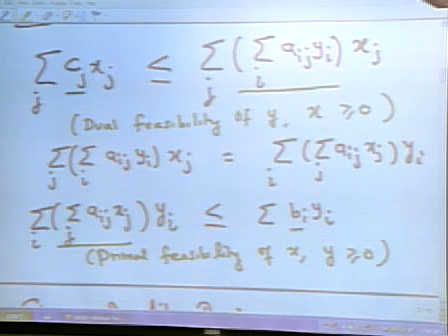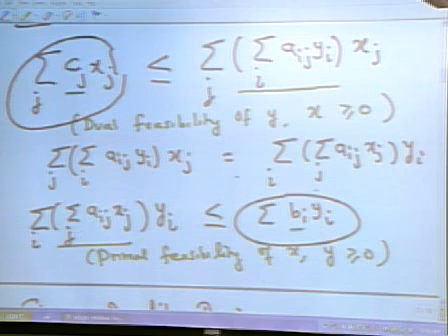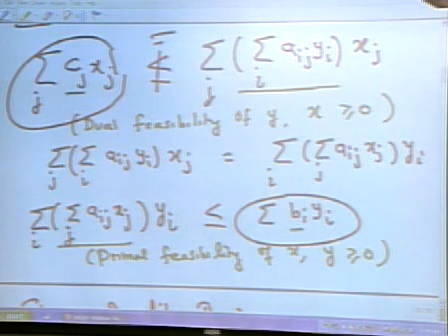Okay? That means the term that's here, this is equal to this. This is what you're telling me. And I just want to understand the implications of that. If these two things are equal, then this must be equal to this, and this must be equal to this.